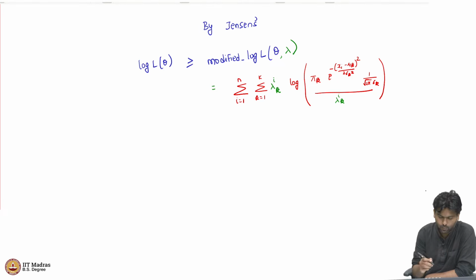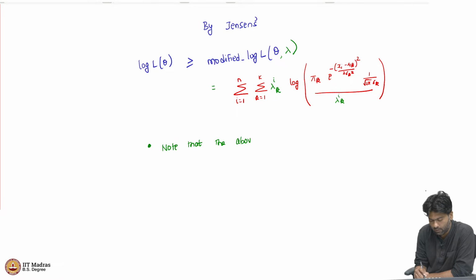Now, we will see why this is worth the effort. First thing we note is that the above modified log likelihood gives a lower bound for the true log likelihood.